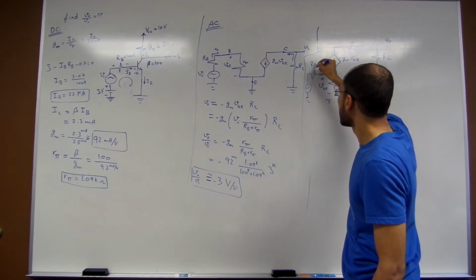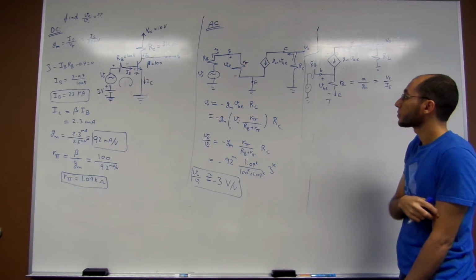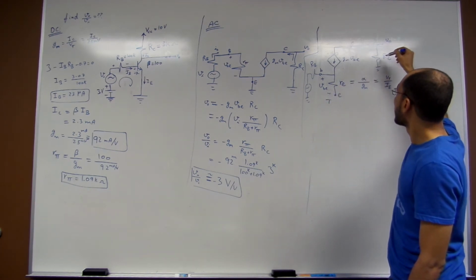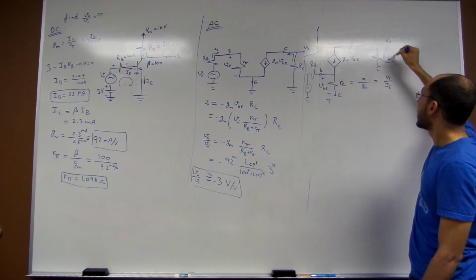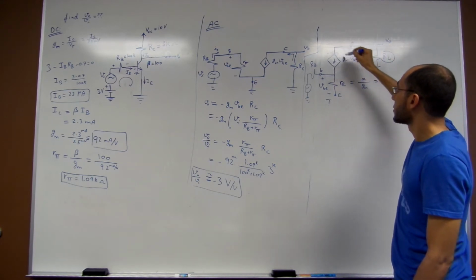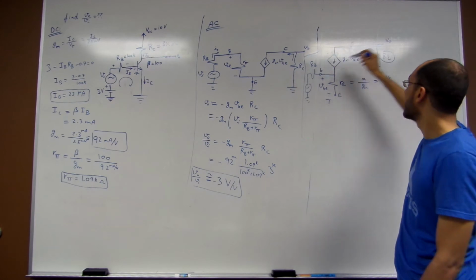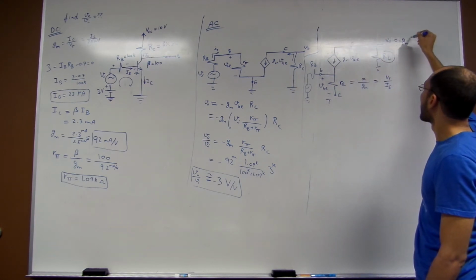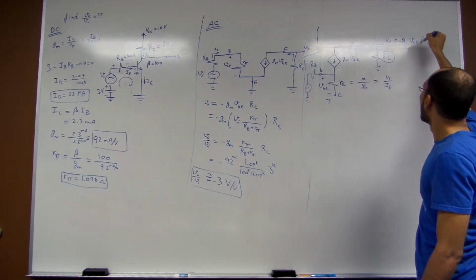Okay? So this is RB, right? If you want to calculate the value of V output, you multiply the resistance RC multiplied by this current gives you the value of V output. Gm, the negative sign, VBE, RC.